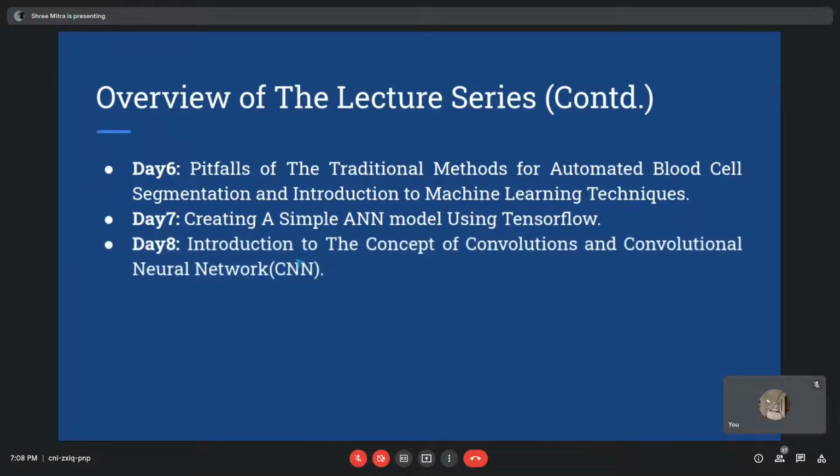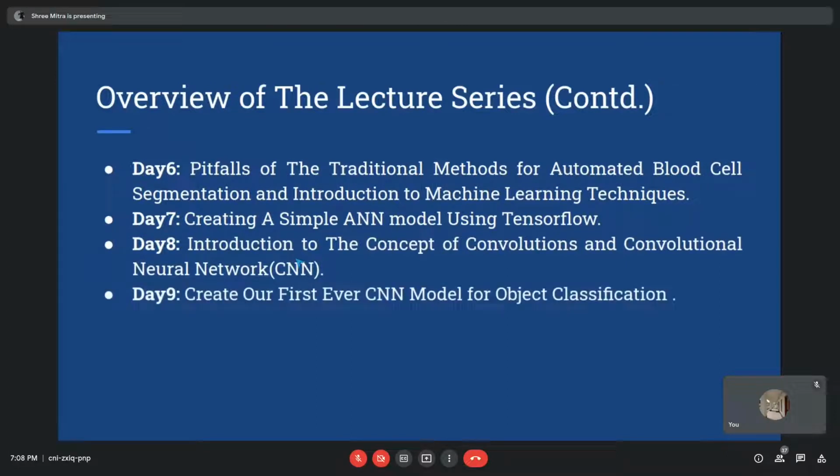In day 8, we are going to introduce the concepts of convolutions and convolutional neural networks. And in day 9, we are going to create our first CNN model for object classification. Basically, we are going to study the CIFAR-10 dataset.